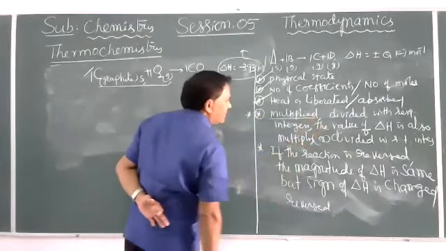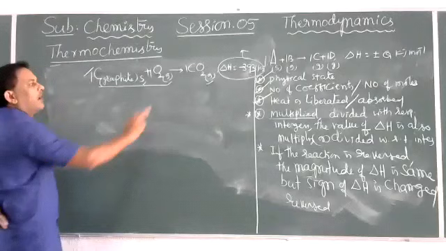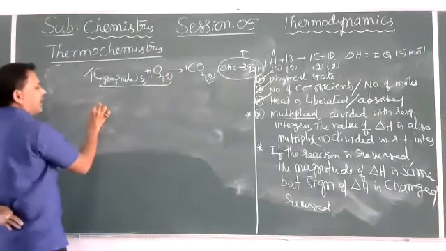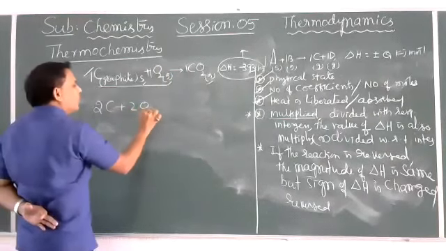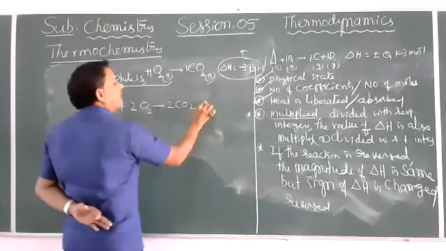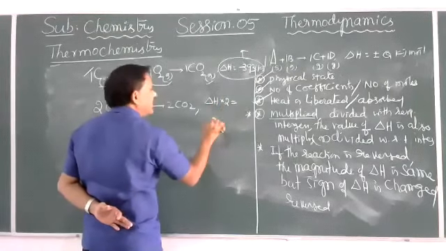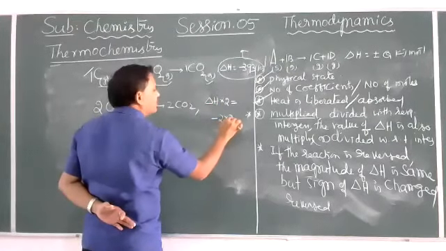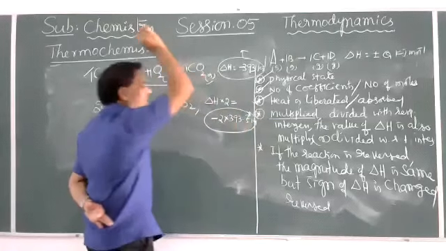If the reaction is multiplied or divided with respect to an integer, say I want 2 moles, then I multiply the equation: 2 C plus 2 O2 gives 2 CO2. Then delta H is also multiplied by 2, that is minus 2 into 393.5 kilojoules. The value is also multiplied.